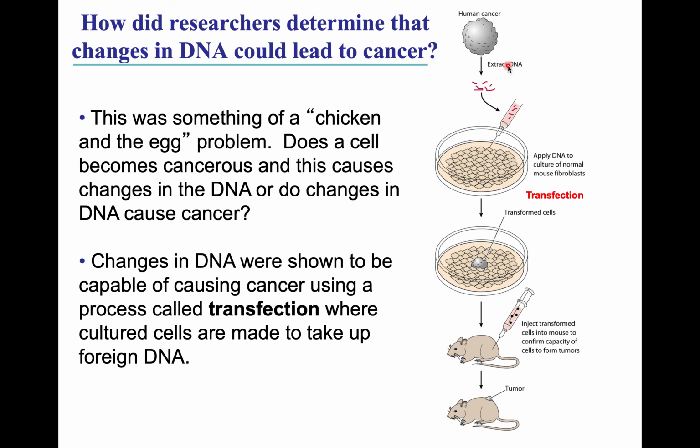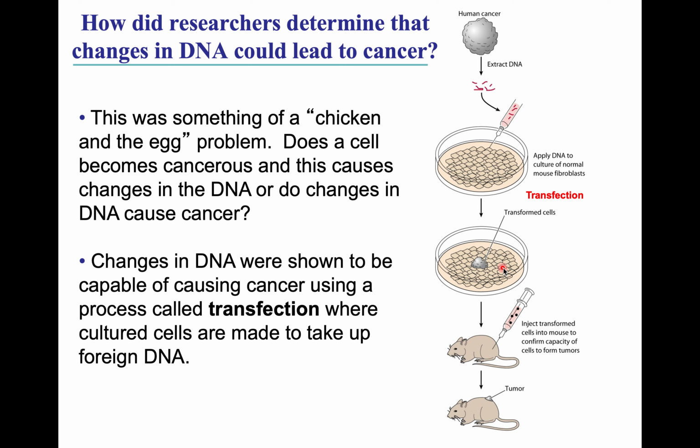And basically what they did was they took DNA from human cancer cells, chopped it up into little pieces, and then injected that cancer cell DNA into healthy, normal fibroblast cells that were growing in tissue culture. And what they would find was, after introduction of the cancerous DNA, that was basically transforming, causing some of those normal healthy cells to become cancerous, which would argue, it's the DNA, this cancerous DNA is causing the normal cells to become cancerous cells.